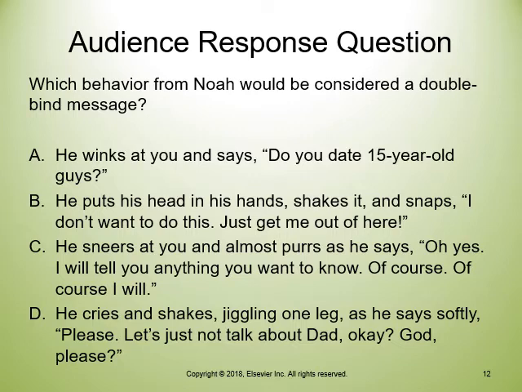Of course I will. D, he cries and shakes and jiggles one leg as he says softly, please, let's just not talk about Dad, okay? God, please. So which one is the contradictory message?